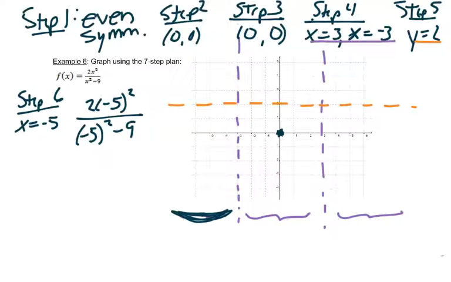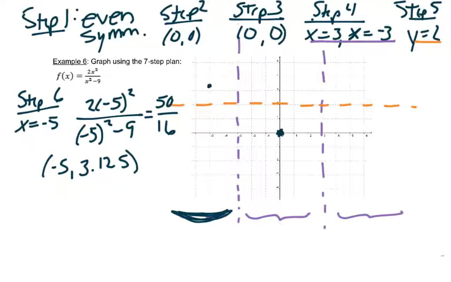If you put the top in your calculator, be really careful with those parentheses, you get 50. If you put the bottom in your calculator, again being careful with the parentheses, you get 16. This gives us the point negative 5, 3.125. So at negative 5 and 3.125, it means it's just a little above 3, right about there.